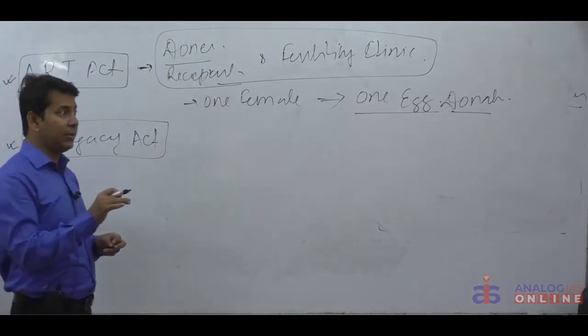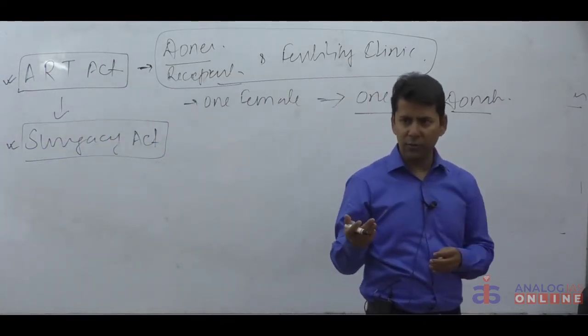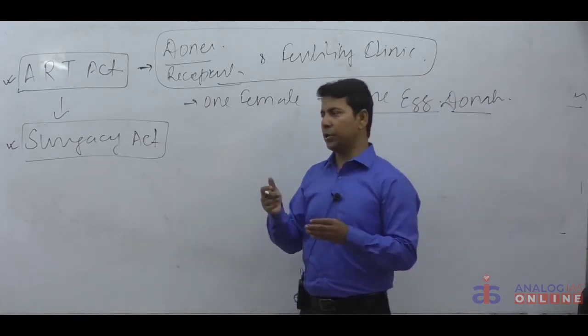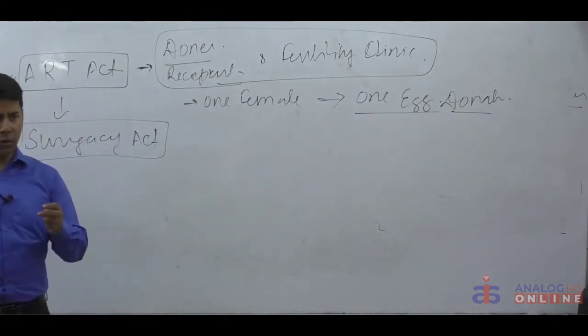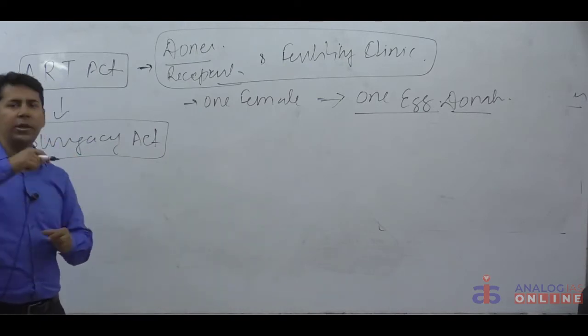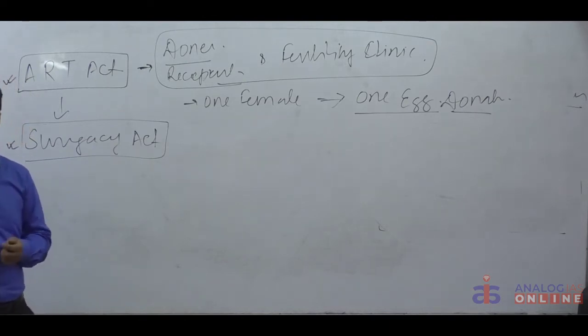So it doesn't literally mean that she will be giving one egg. She can give 4 or 5 eggs also. But let's say in one procedure 4 or 5 eggs are being given, and out of those only one can be utilized in any kind of assisted reproductive technology. Rest of the eggs will be destroyed. The regular procedure is that only.